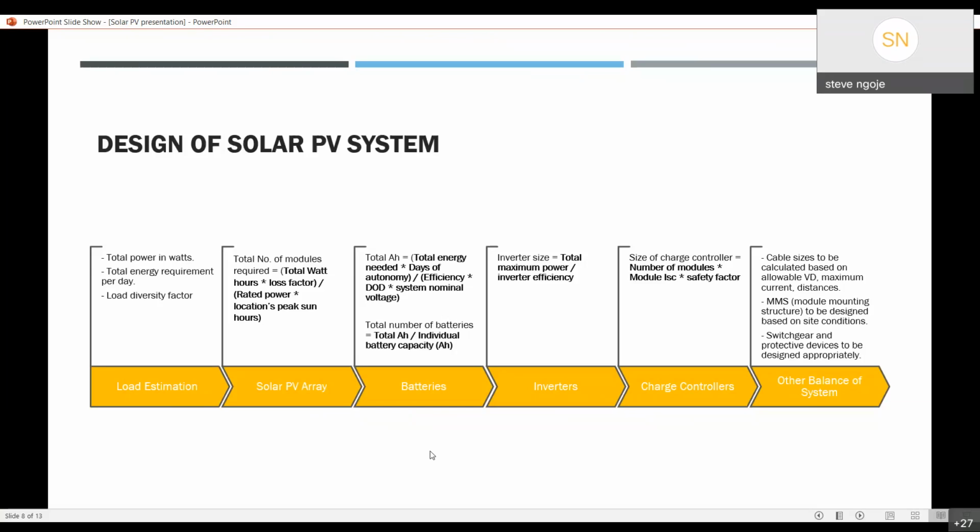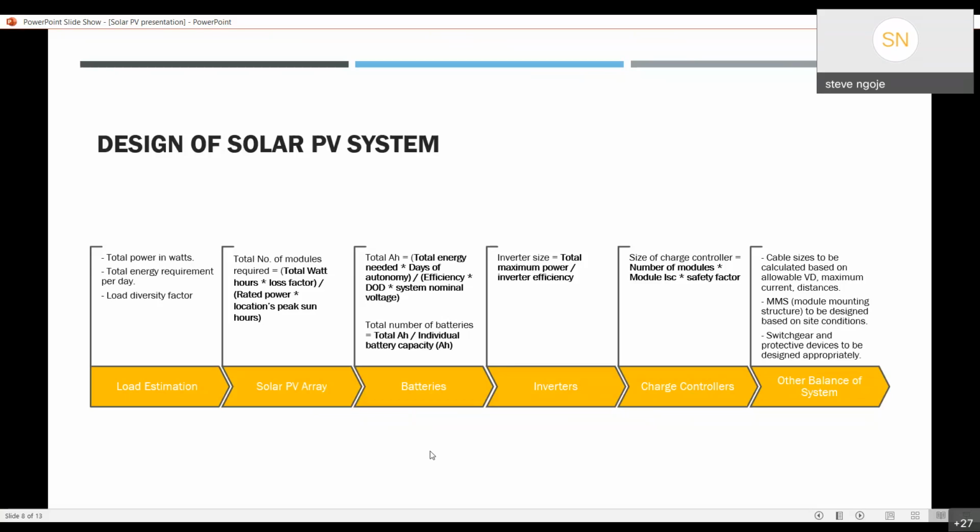loss factor. So let me delve into that a little bit. When designing solar systems, there are losses, and these losses need to be factored in. The way to factor them in is, most of the time, you multiply your energy requirement by a factor of about 1.2 to 1.3.